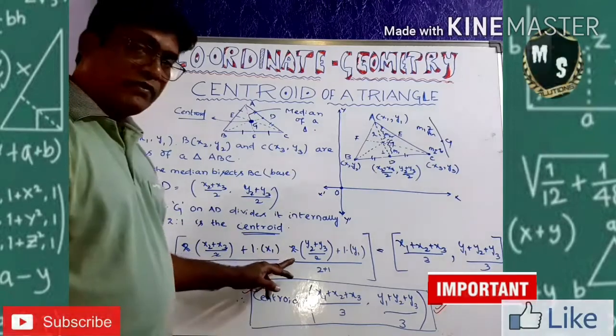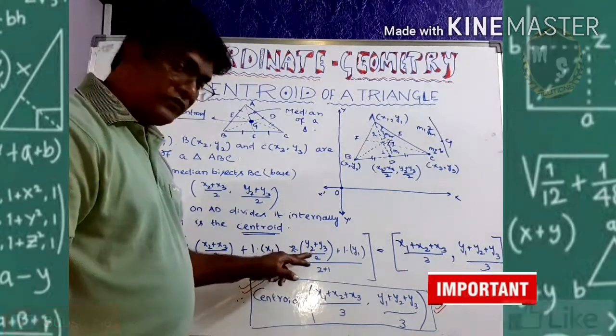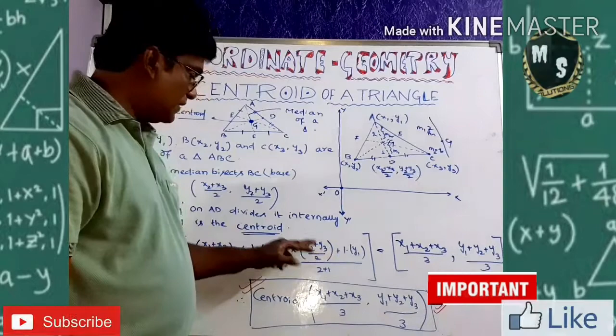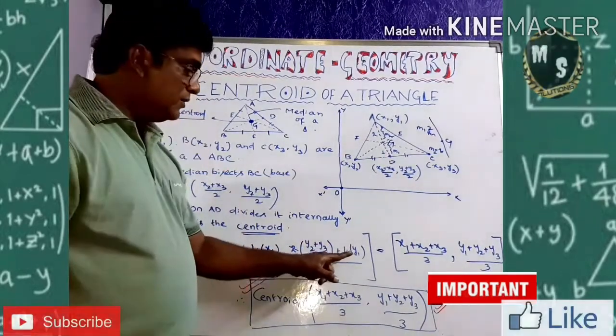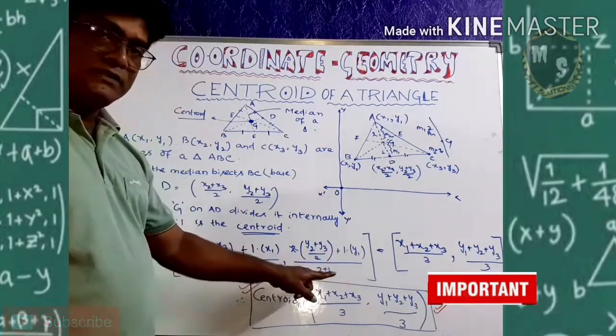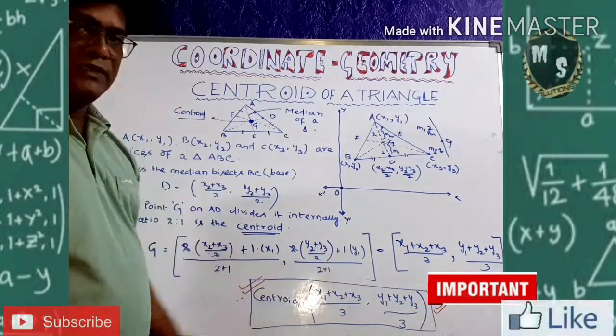Now in the y coordinate, same: m1 into (y2 plus y3) by 2 plus m2, which is 1, into y1, by m1 plus m2, 2 plus 1. Clear now?